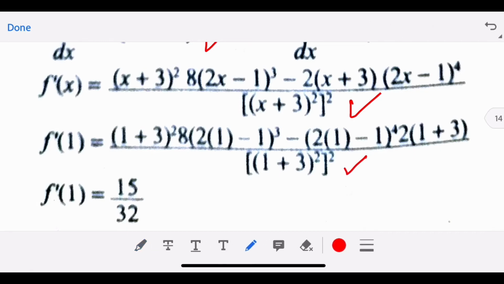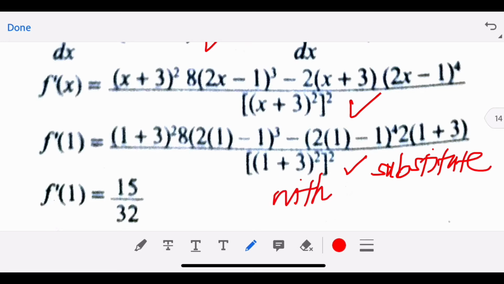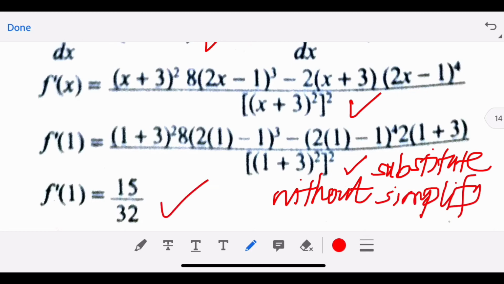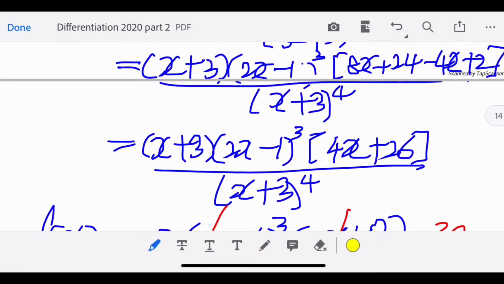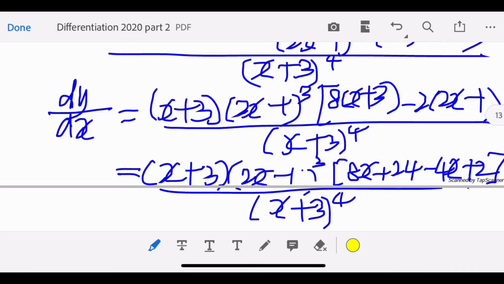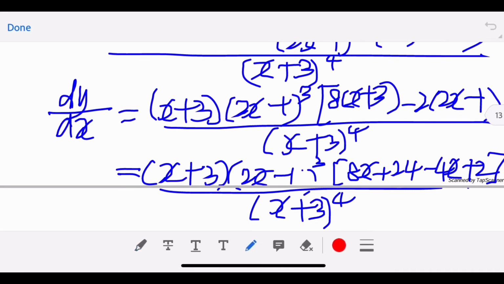For Paper 1, you just find the answer will do. So the answer is 15 over 32 by just substituting x equal to 1 into f prime x. Okay, so it's accepted in the SPM exam, no worry, and you can save your time.